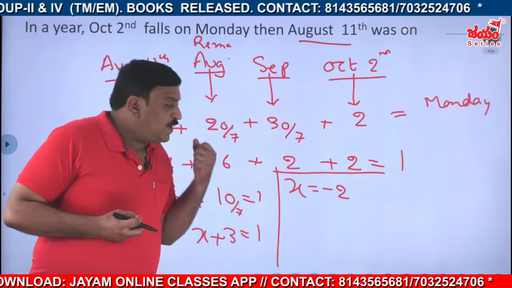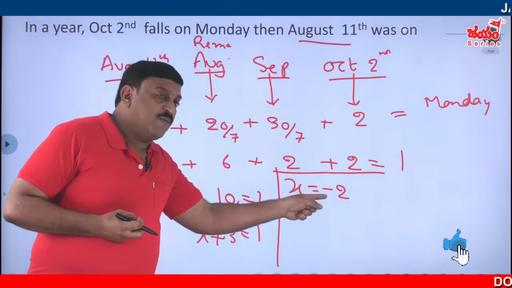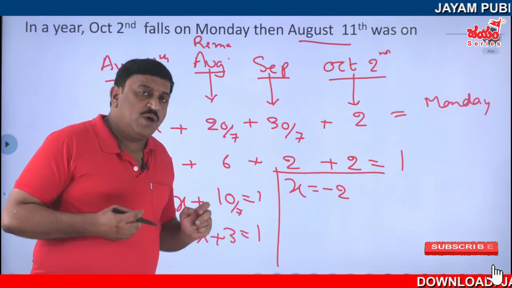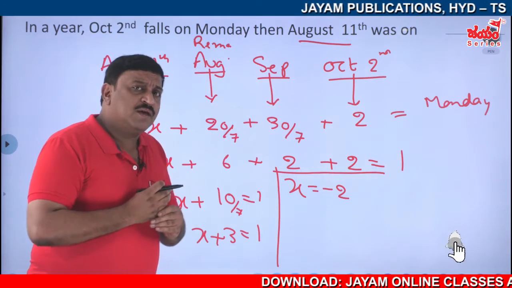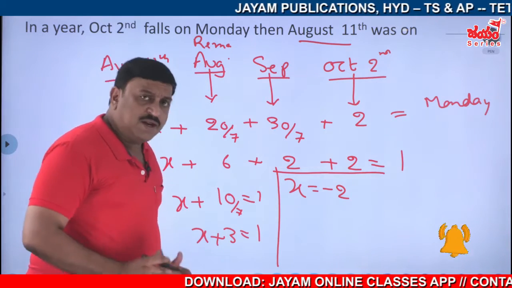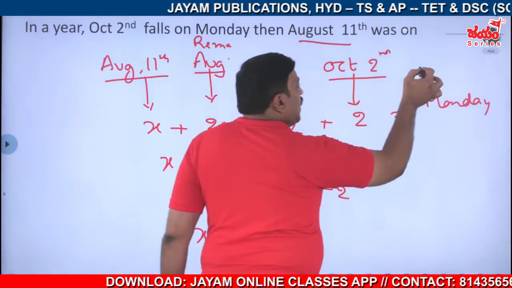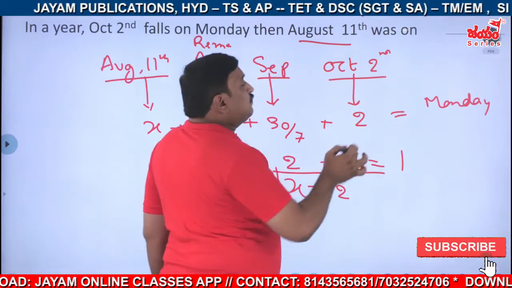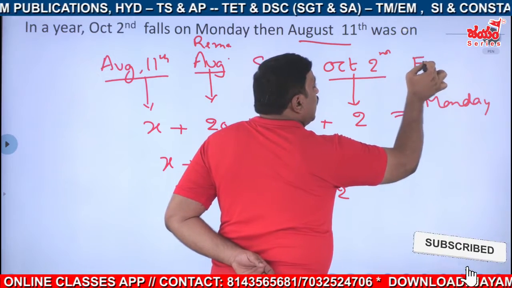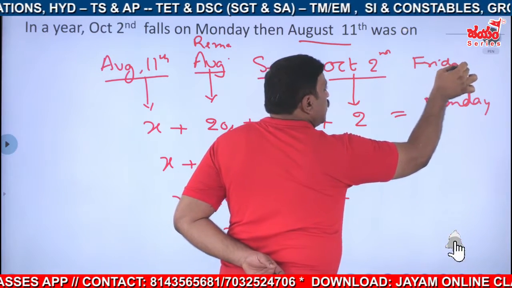So what I said in the previous videos is, if minus has come as a code, how many days do you have to add to get the same day? Suppose today is Friday.